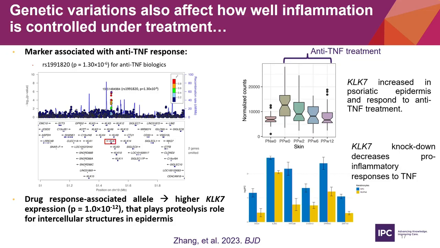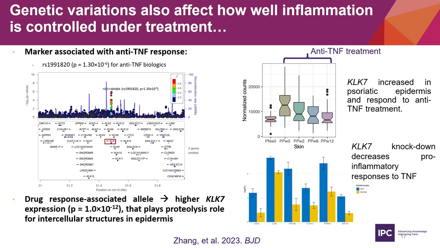This is an example showing that the locus KLK7 is associated with drug response to anti-TNF. This gene is also upregulated in the lesional skin of psoriasis, and when receiving anti-TNF, the gene comes down and normalizes to the non-lesional level.